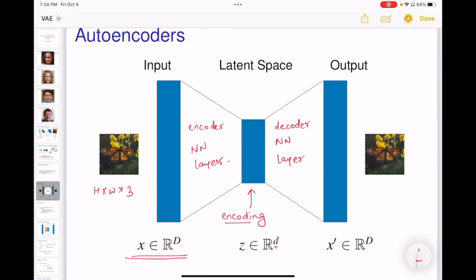So the encoding should be mappable back to the real data space and should recover the original image which was embedded as the encoding in the latent space.